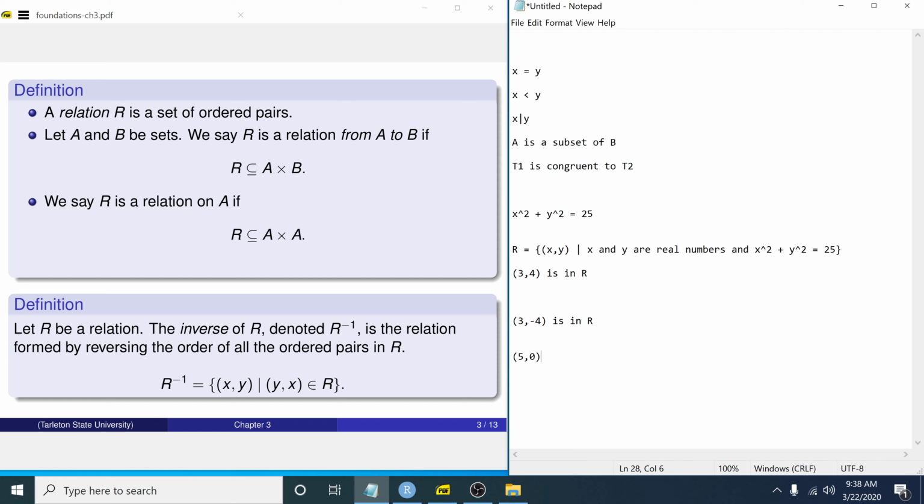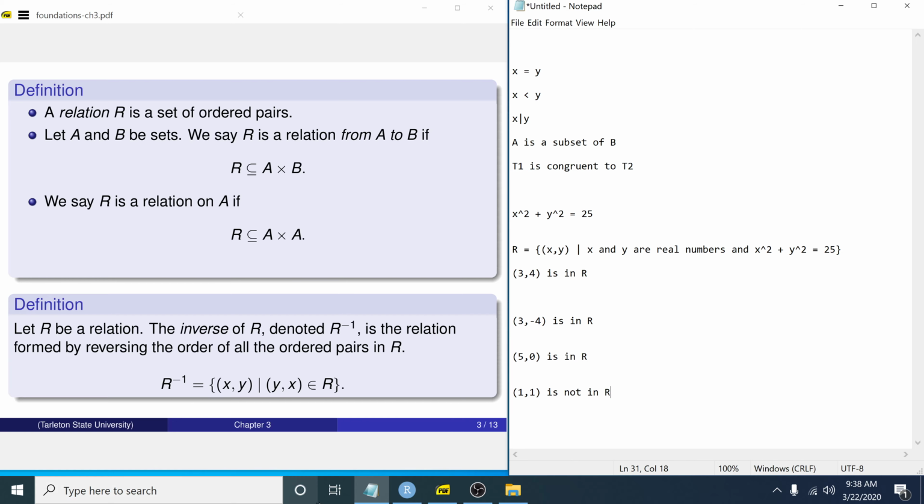We say 5 comma 0 is in R. And in each one of these cases, all we have to check is that x squared plus y squared is equal to 25. And in each one of these cases, that is actually true. And of course, there's some situations where we have something that's not in this relation. So for example, the point 1 comma 1 is not in R.